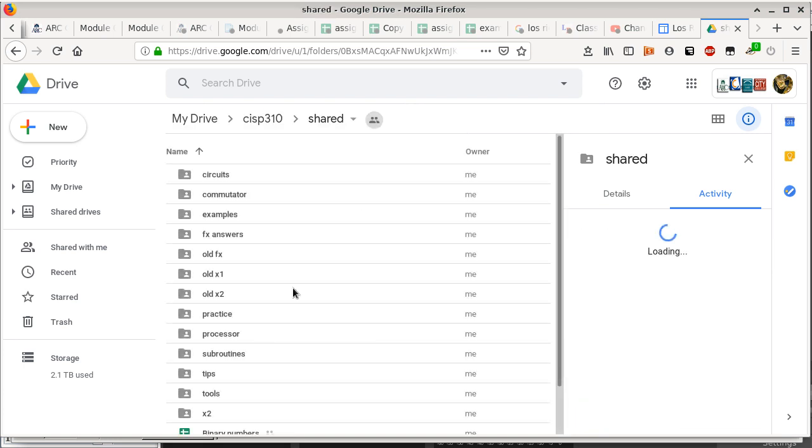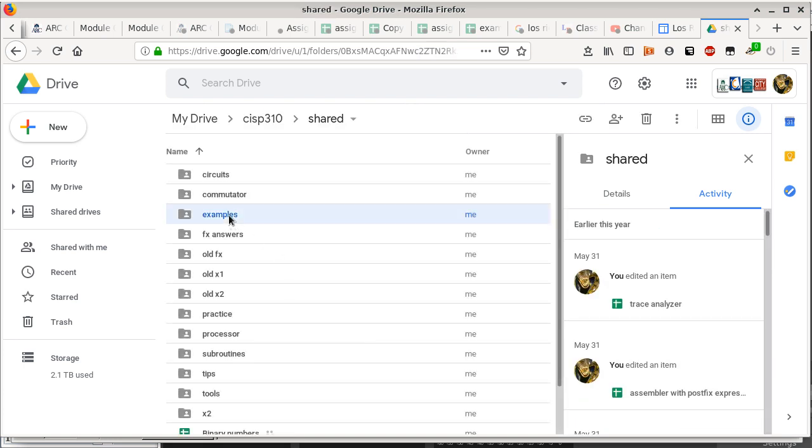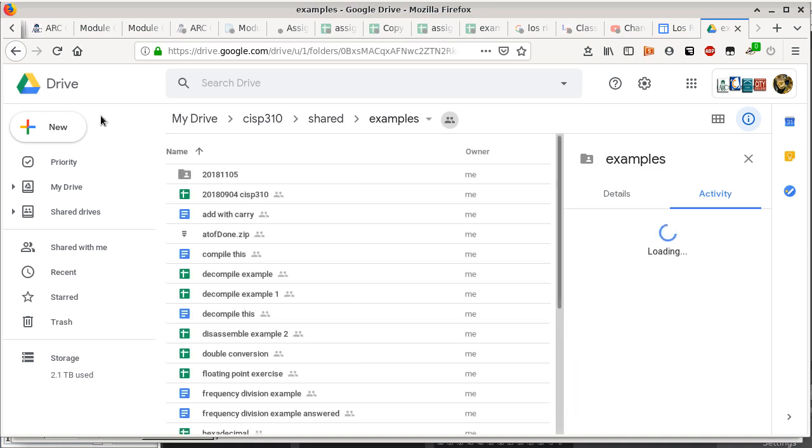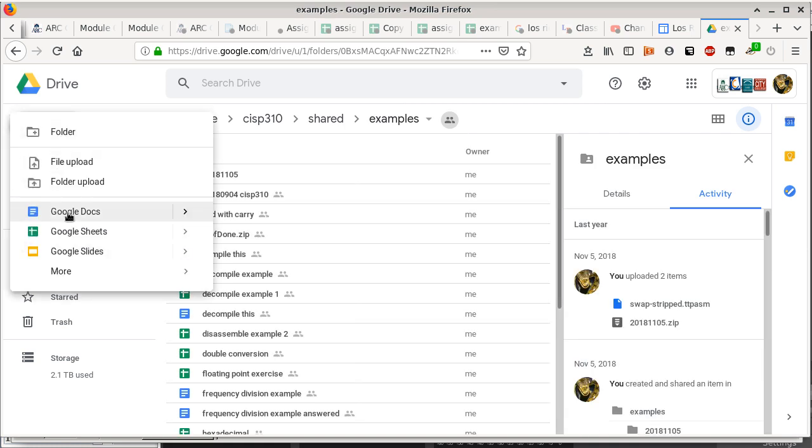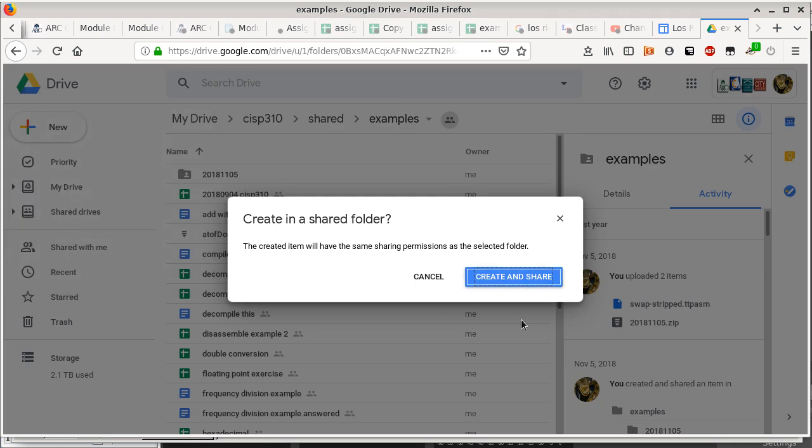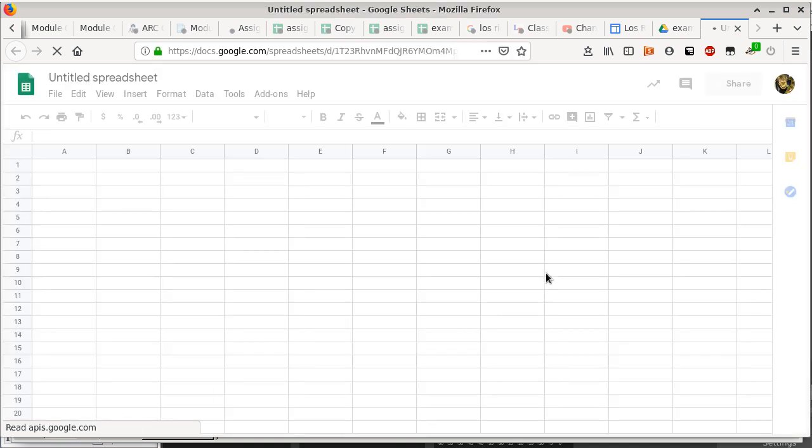Everything in here is already shared, and I just go to examples and make a new Google Spreadsheet. It warns me that this is visible to all of you because it is in a shared folder, and that's the intention, so yes, let's go ahead.